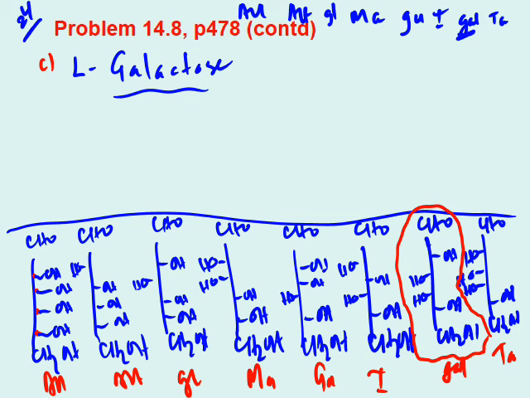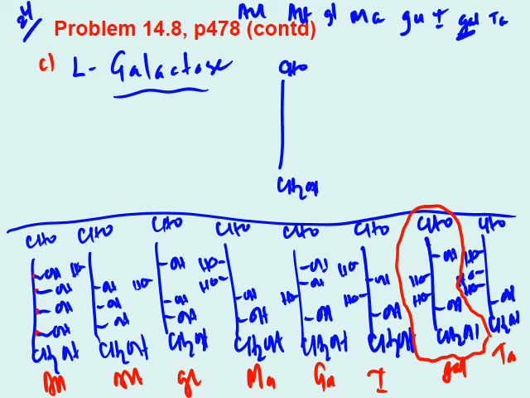So let me show you that. Let's first write down D-galactose, and then we take the mirror image. This is CHO, and then CH2OH.